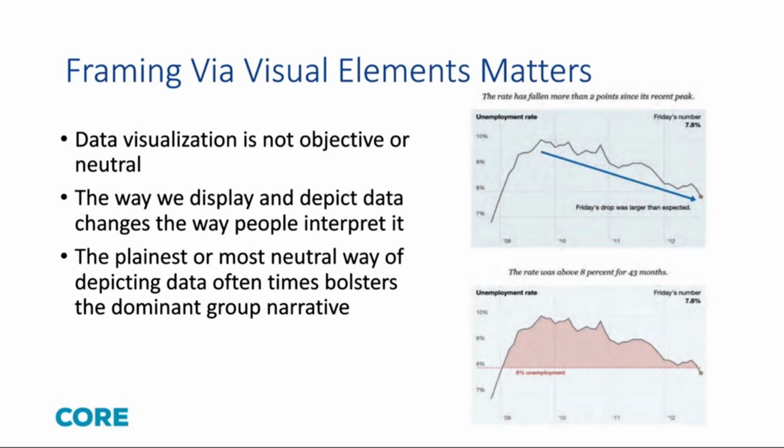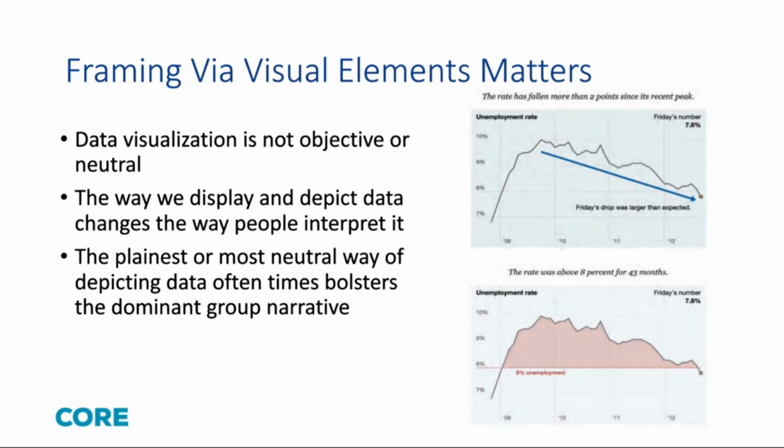So in the example here, on the right-hand side, the data that's being shown is actually the same, but how it's been visually presented is different and it tells a different story. These were created by the New York Times. The top one's from the perspective of Democrats and the lower one is from the perspective of Republicans.